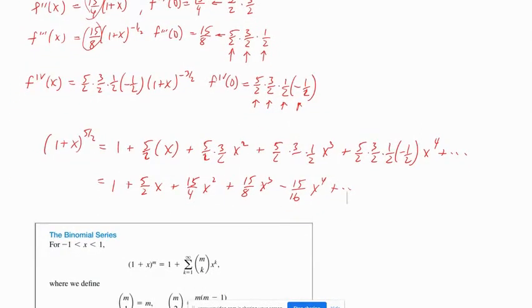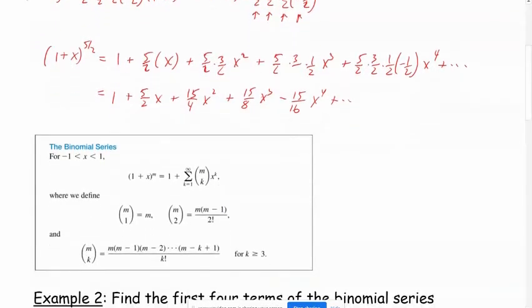The pattern that we recognized there is written here as the binomial series. Anytime we have the quantity 1 plus x raised to any power m, we can write that as 1 plus this sum, and this sum is basically what we got here.